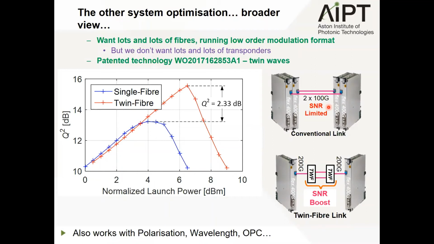A colleague of mine, Felipe Ferreira, came up with this wonderful idea of twin fiber, where he says, if the fiber's in the ground, why don't you use it? And he's got an all optical technique where you can actually bundle those together and increase the signal to noise ratio of the system. So that in order to get 200 gigabits across that link, you need no extra equipment other than this optical gizmo that he invented in order to extend that.